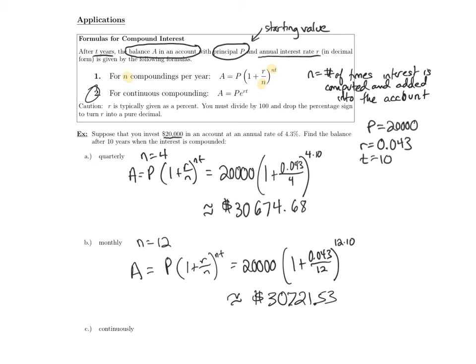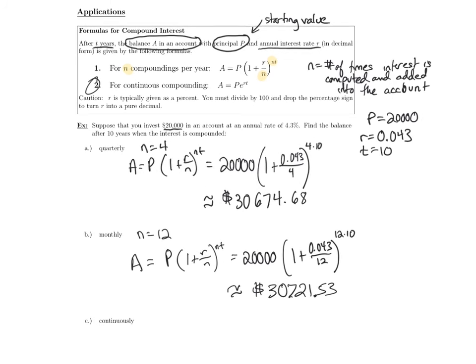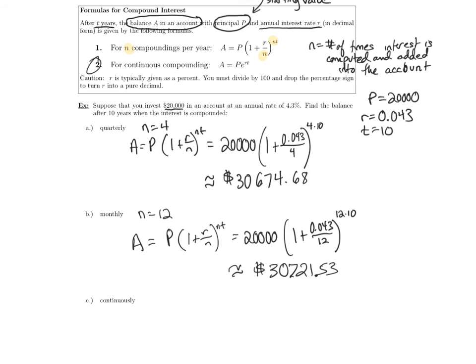And our last example right here is going to be compounding continuously. And notice that compounding continuously uses the other formula. So we don't actually have an n for this because there is no n in this formula. We simply needed P, R, and T. And this is the first use that you're seeing of our natural base, which is e.